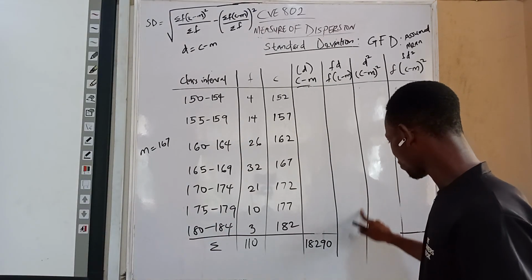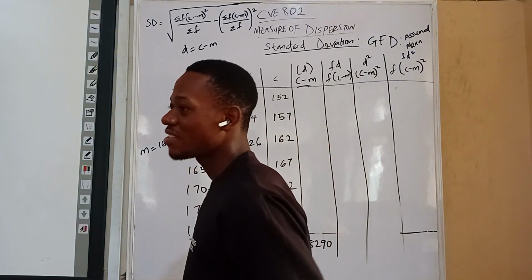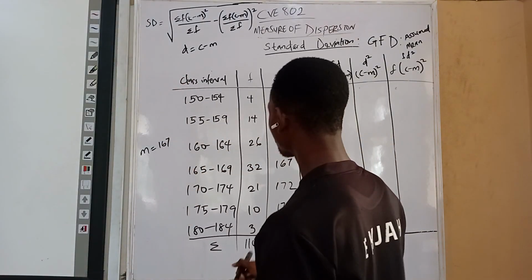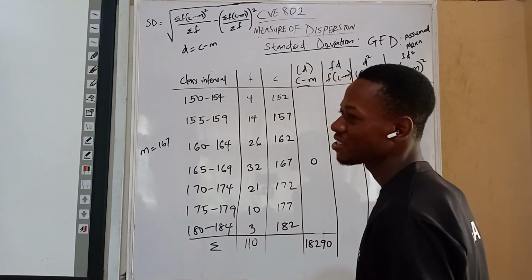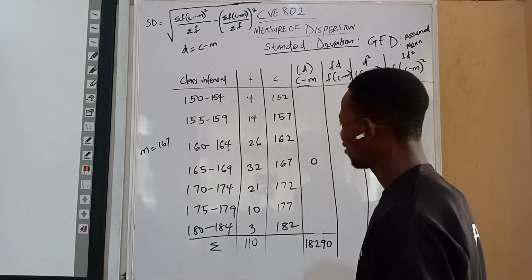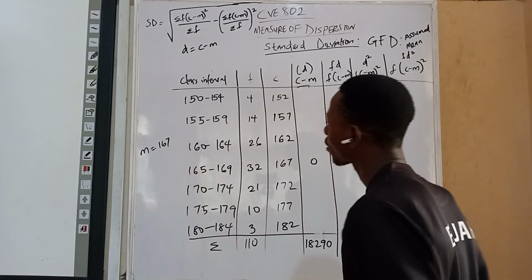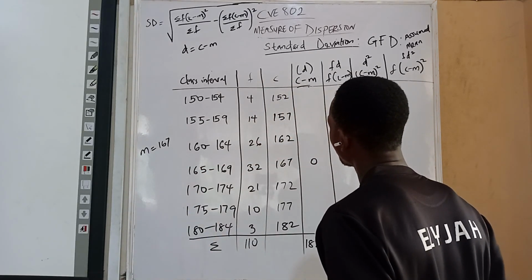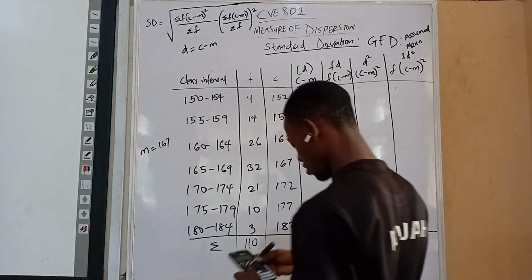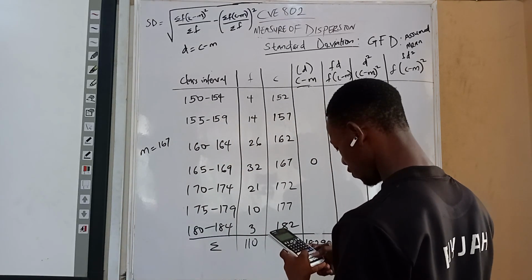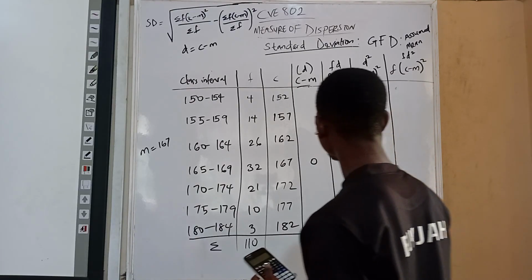Okay, so our c minus m. We said our m, we are choosing 167. So 167 minus 167 gives 0. Then 152 minus 167 is minus 15.